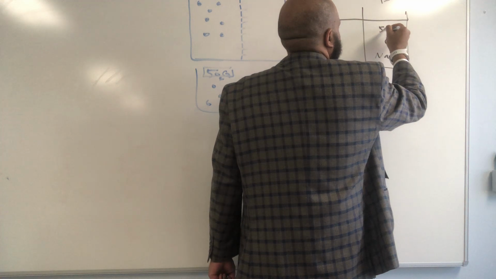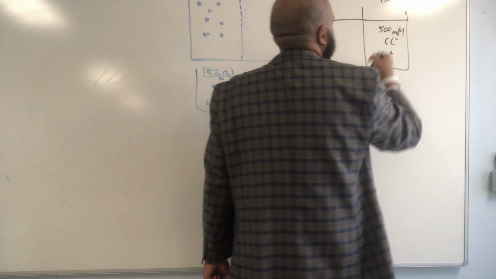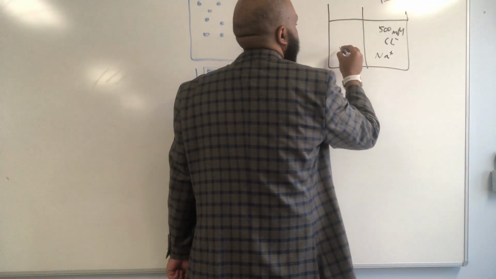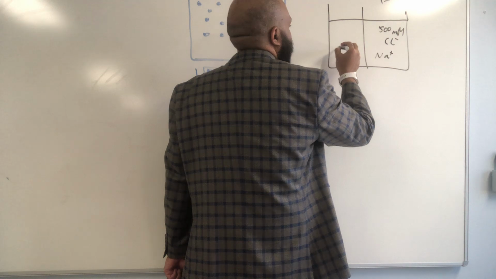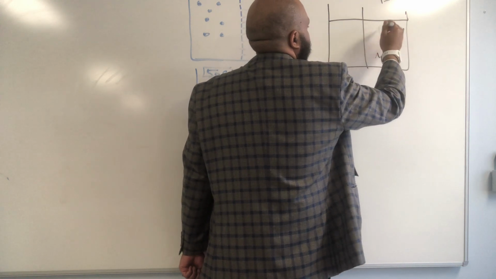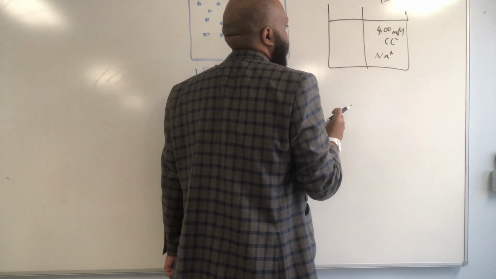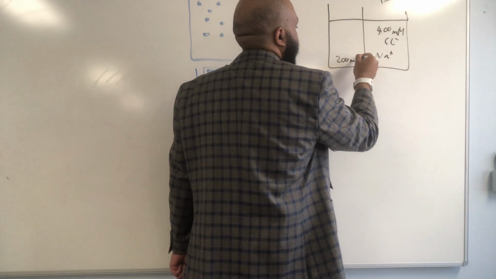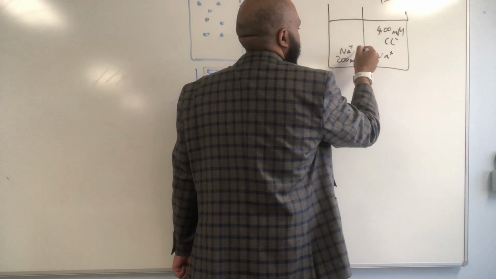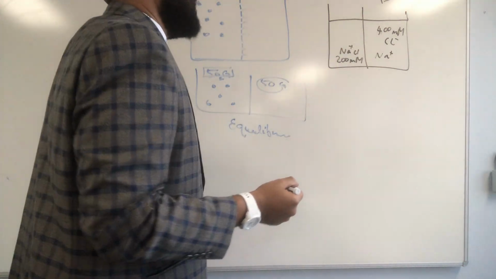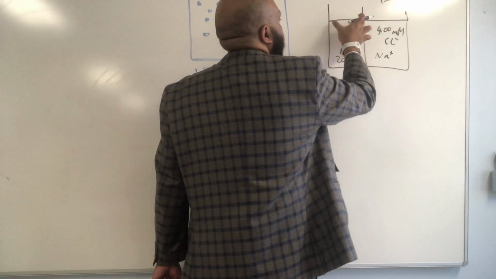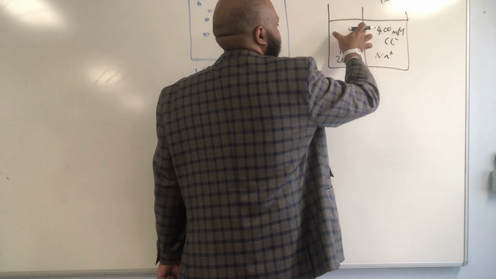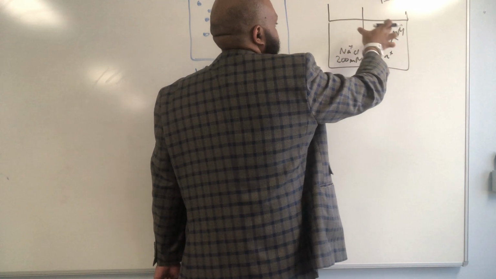I add 500 millimoles of sodium chloride on one side, and on this side, let me say that I have 400 millimoles. And on this side, I have 200 millimoles of sodium chloride. What's going to happen is water is going to start moving from an area of more water concentration to an area of less water.